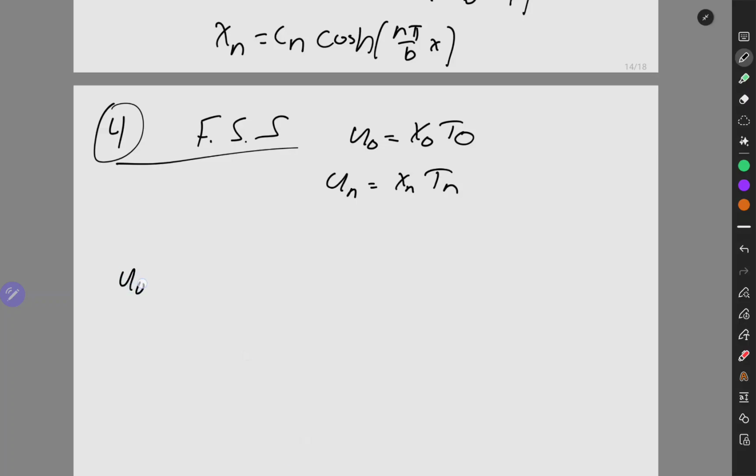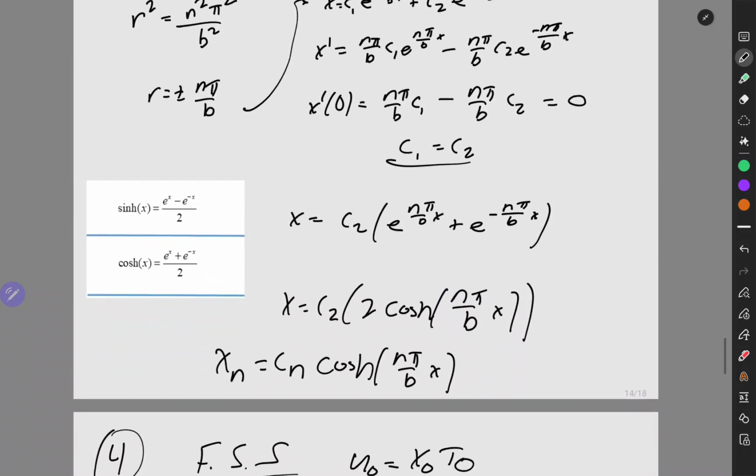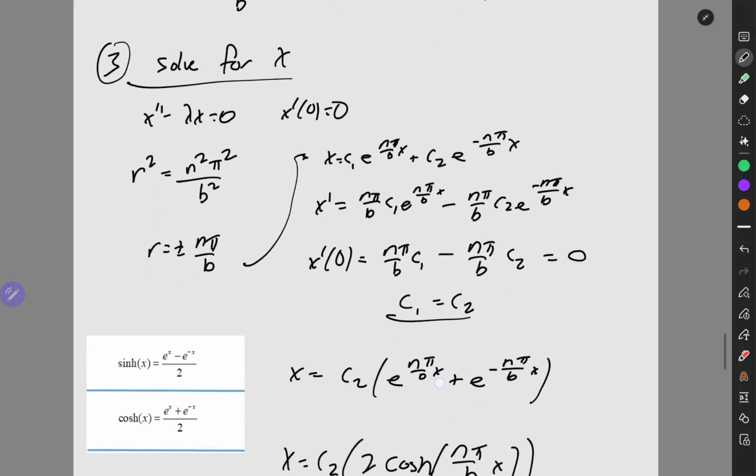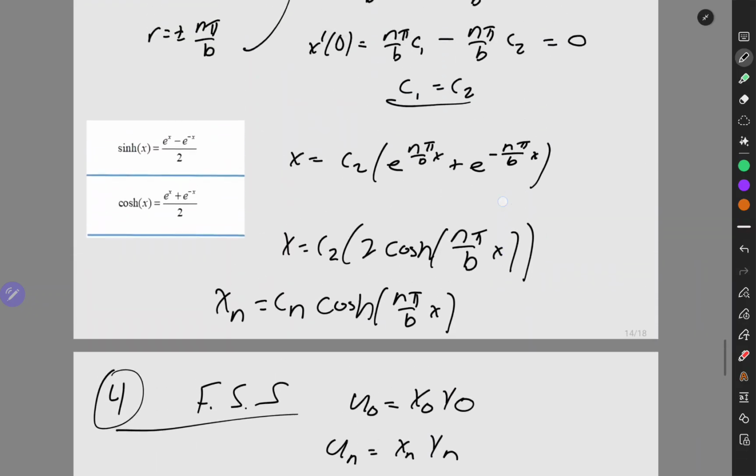So then u of 0, x y is equal to x naught times y naught. Wait, where am I getting T from? I'm thinking of heat. It's Y. What is Y naught?